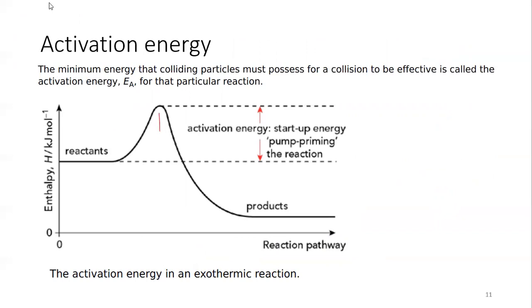Normally in many books you see it as EA, activation energy. We call it startup energy. It is the minimum energy that colliding particles must possess for the collision to be effective. Otherwise, it's not going to happen.